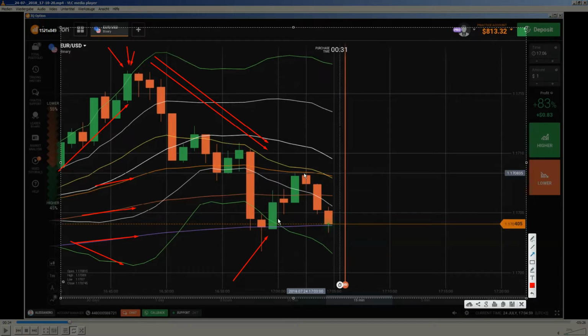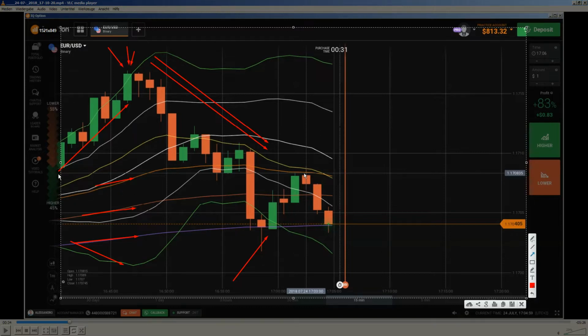We got the first reversal here. Then price is getting down again, but we have a flat 200 EMA and a flat 100 EMA. So price looks almost like it would range around these two EMAs, the 200 and the 100, because it looks like there was a ranging market here before also.